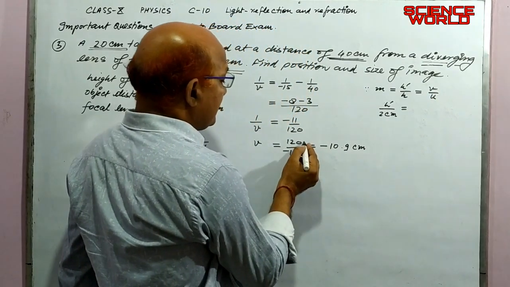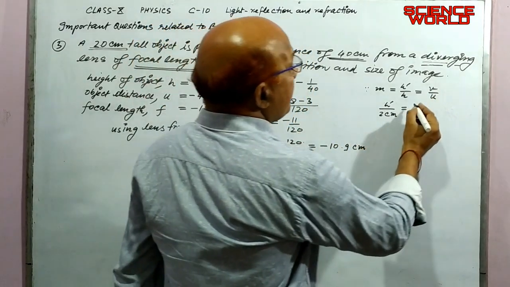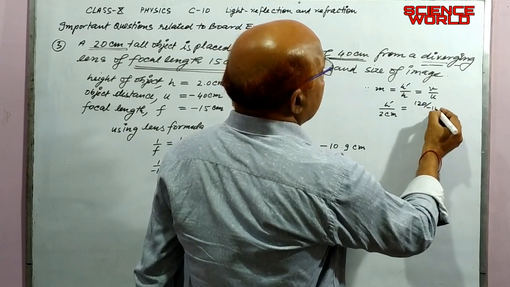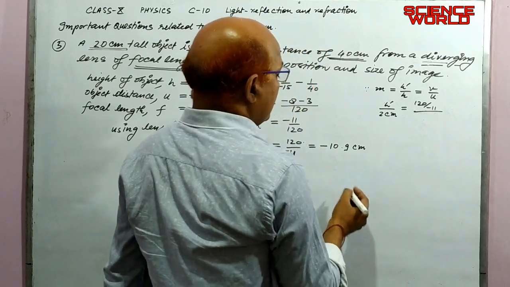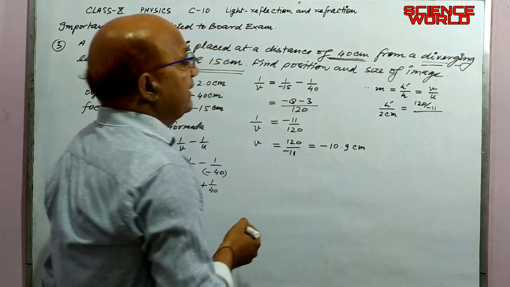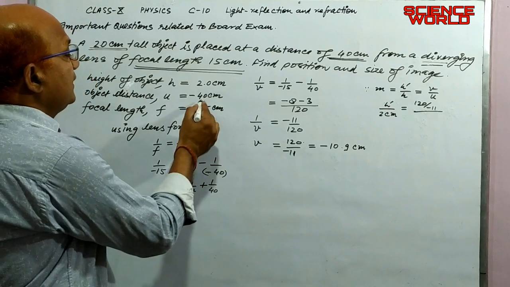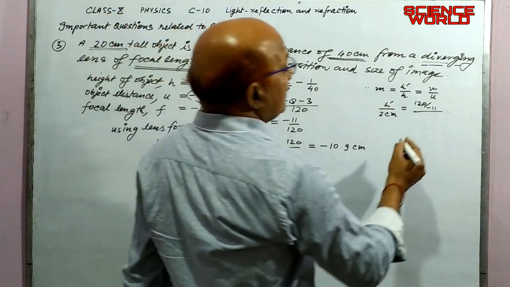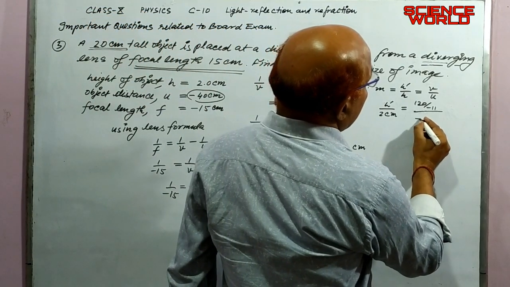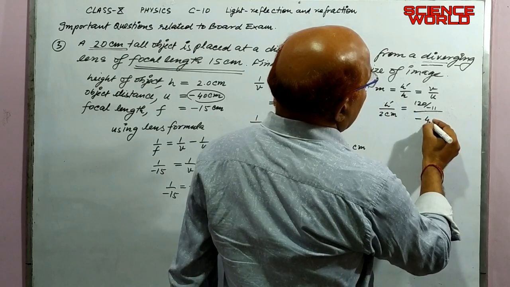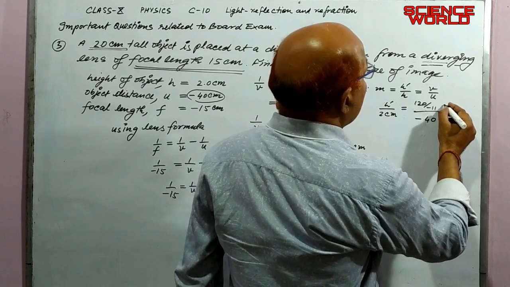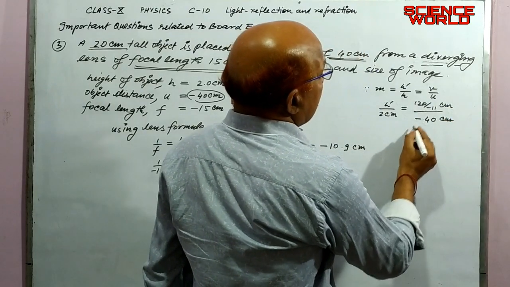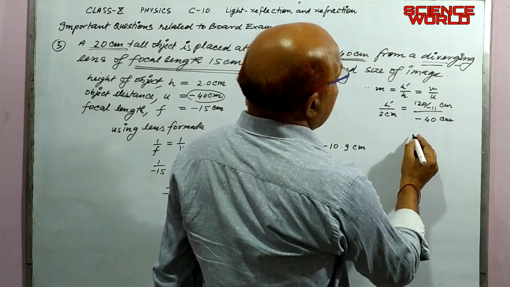The value of v is this, you can use this value, 120 upon minus 11 upon u. What is the value of u? You can see here, this is minus 40 centimeter.